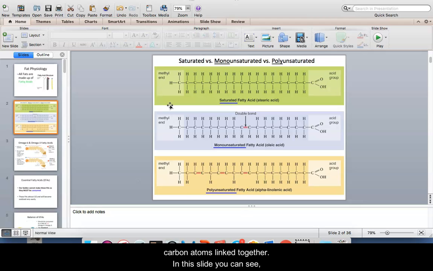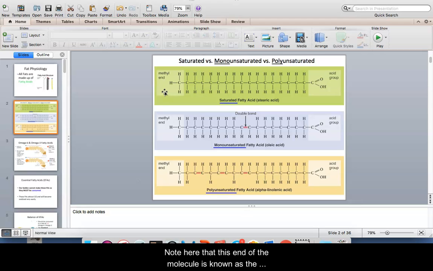What I want to show you here is that in a saturated fatty acid, you've got your chain of carbons, and all of them have a full complement of hydrogen atoms. And what that does is allows that molecule to be completely hydrogenated. So it's saturated with hydrogen atoms. That's why they call it saturated.